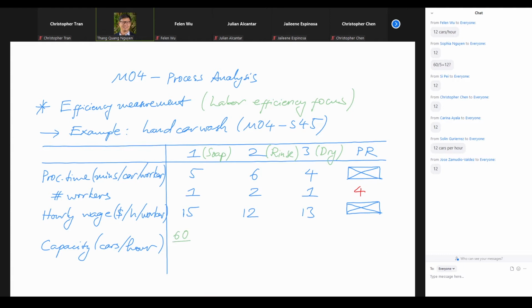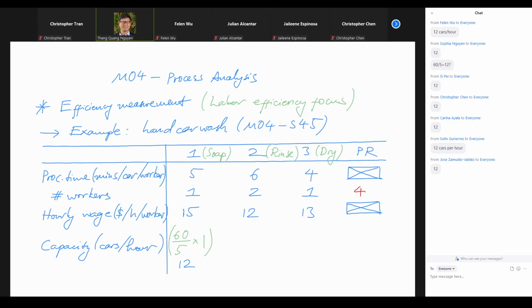So we take 60 minutes divided by 5 minutes per car. But remember, this is only for one worker, right? So we have to multiply it up with the number of workers. Fortunately, in this case, it is also only one worker. So we have that times 1, and then we have 12 cars an hour. So that's the capacity of station number 1, right?